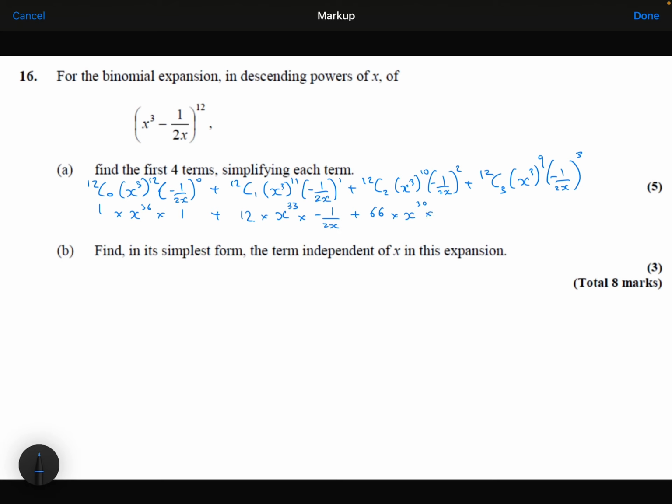(Minus 1 over 2x) squared will be positive 1 over 4x squared.